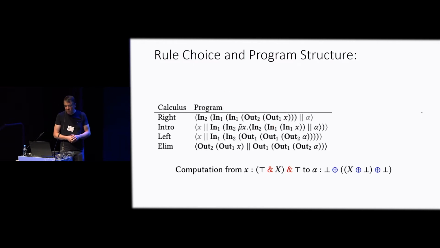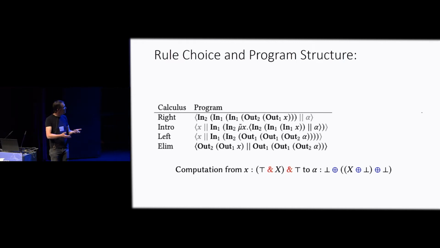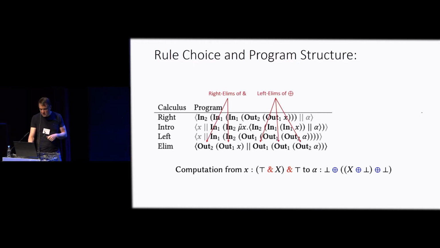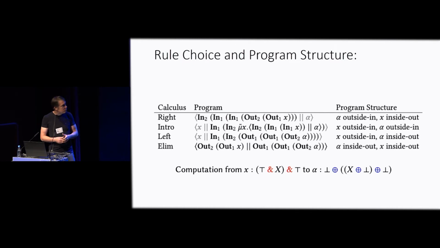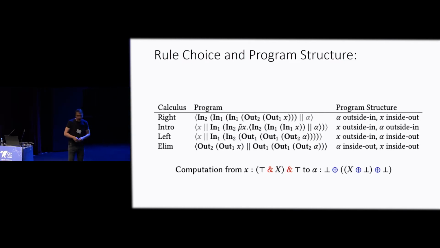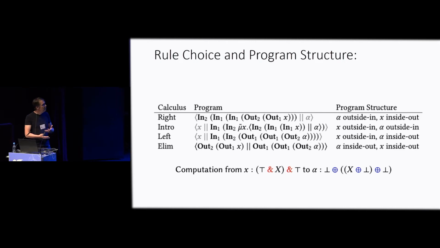And finally, if we only consider elimination rules, we have the fourth possible way to sort these indices. So if we look at the resulting program structure, we see that these 4 calculi correspond to 4 very different ways to structure the program, to compute from the outside in or from the inside out.